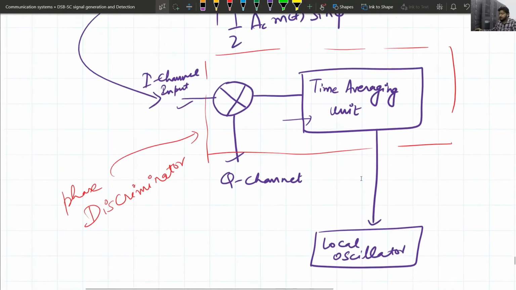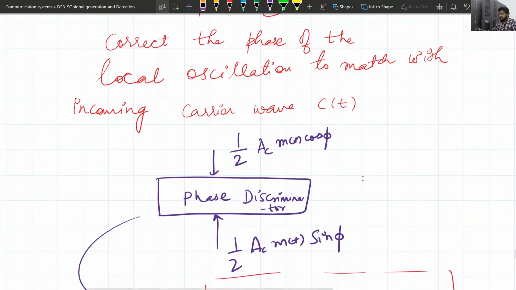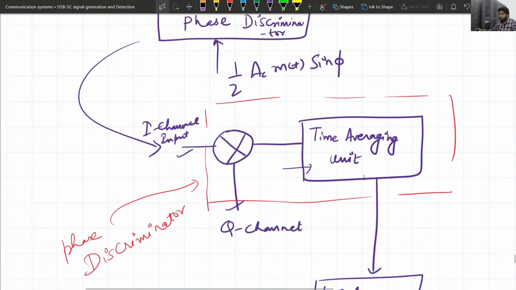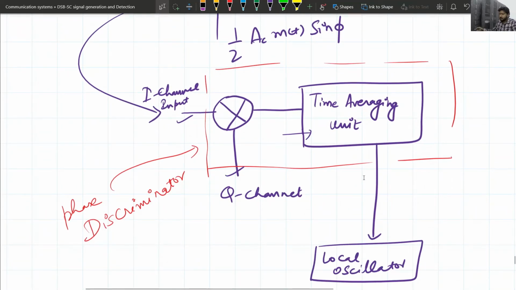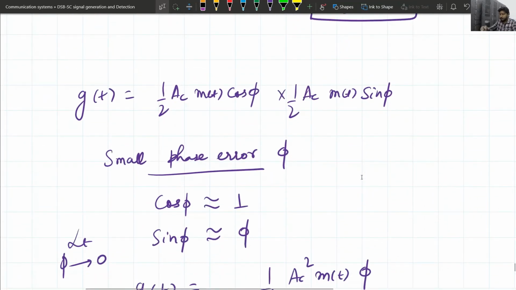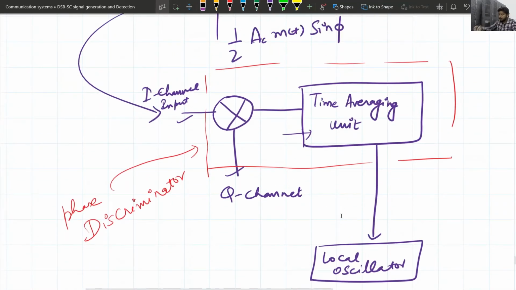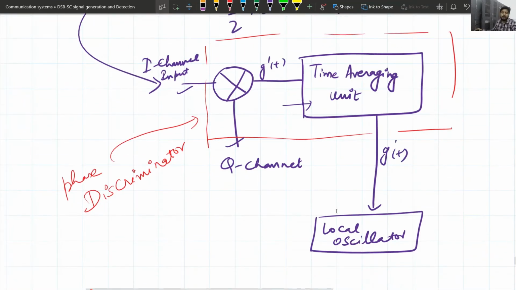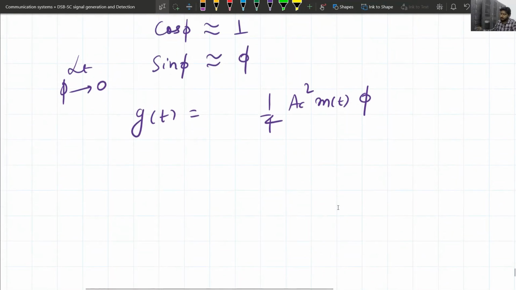And then let's call it g dash t. Finally it will be g(t) after passing through the time averaging unit. This g dash t is passed through the time averaging unit.